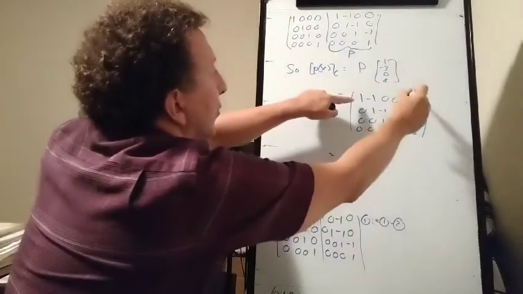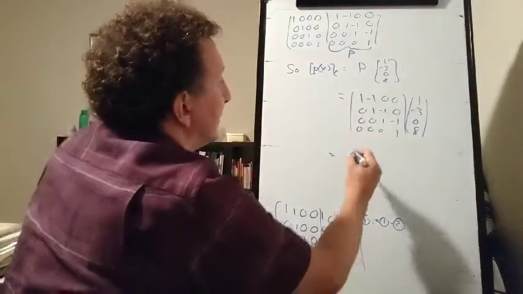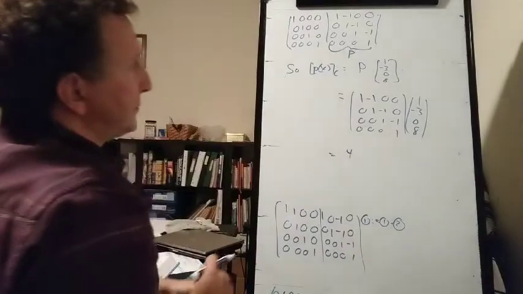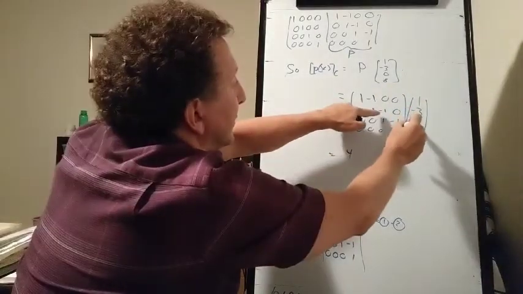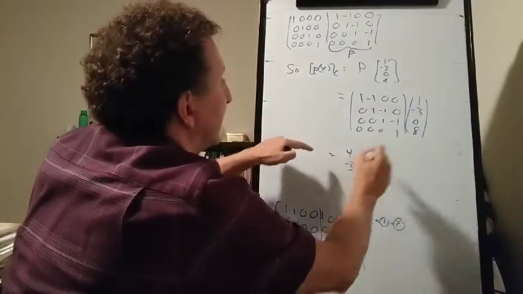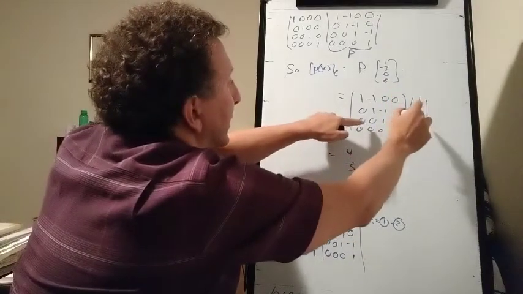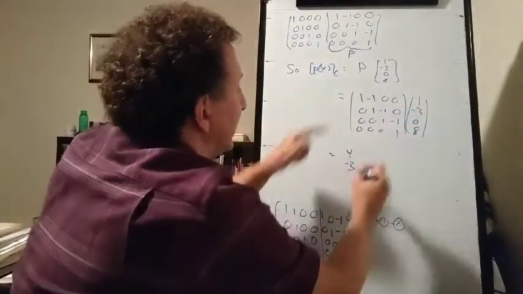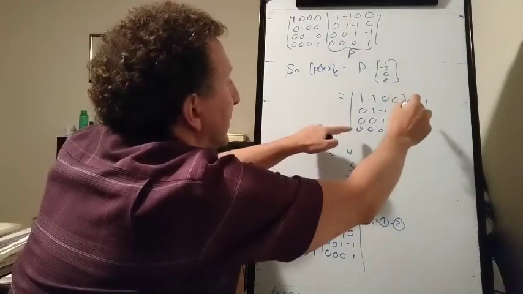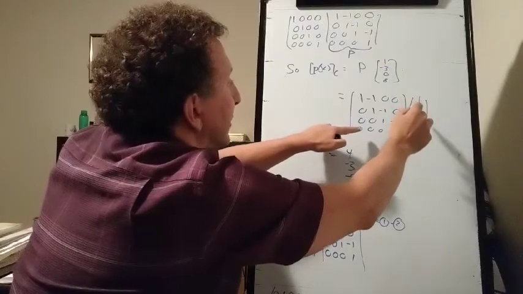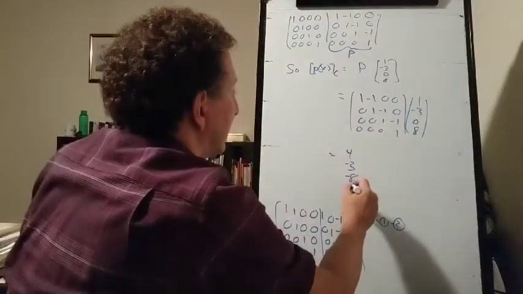Which is 1 plus 3 is 4. Negative 3 minus 0 is negative 3. 0 minus 8. And then 0, 0, 0, 8.